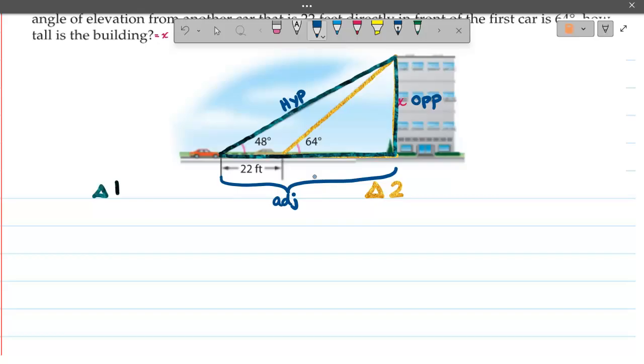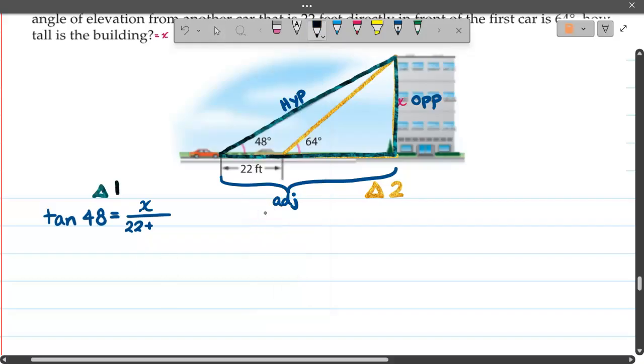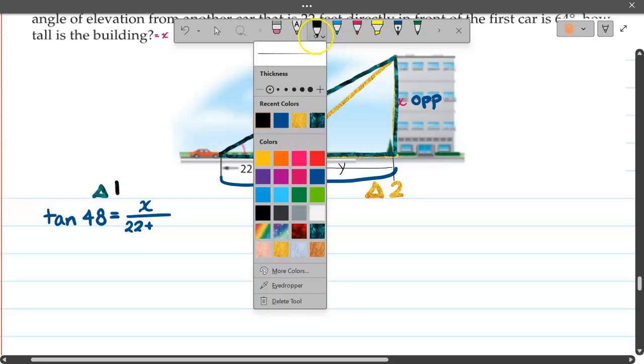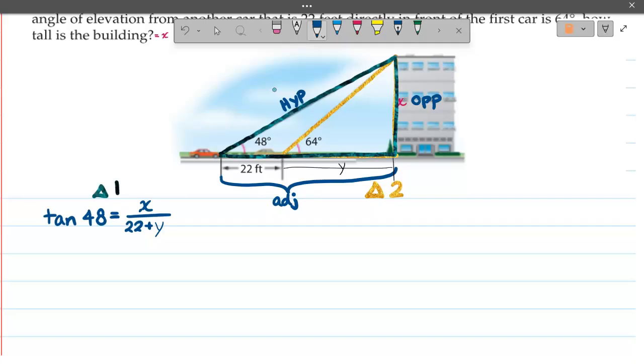So if we start off and say that the tangent of 48 degrees is the opposite over the adjacent. We know the adjacent is 22, but we don't know this piece right here. This part right in here that runs from here to here, we could call that y. So let's call that y.